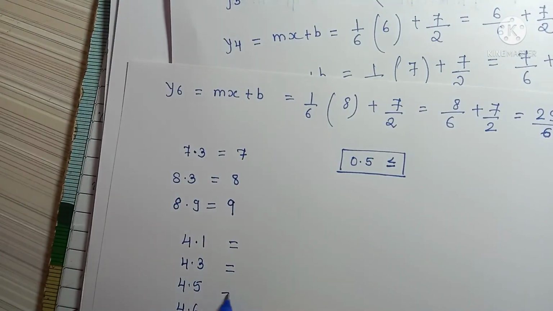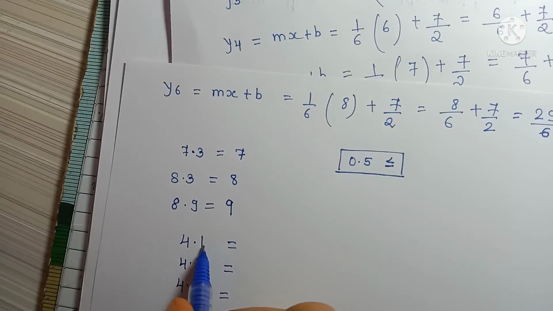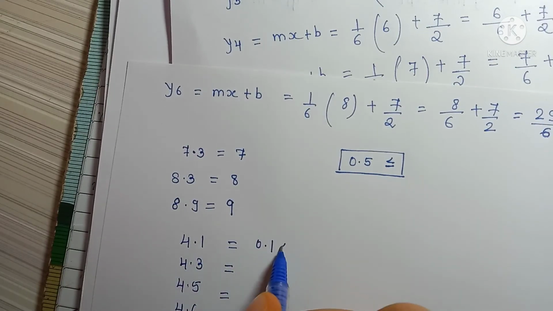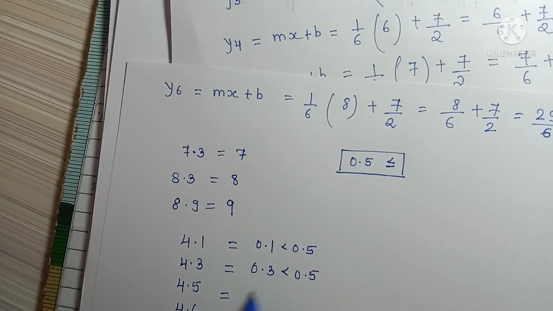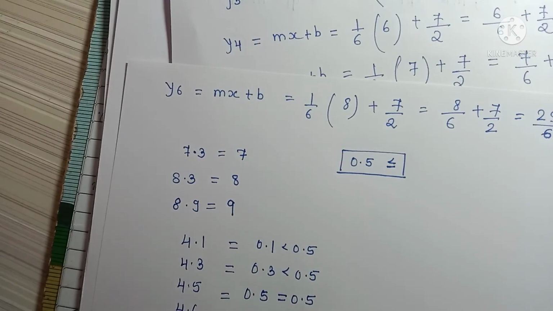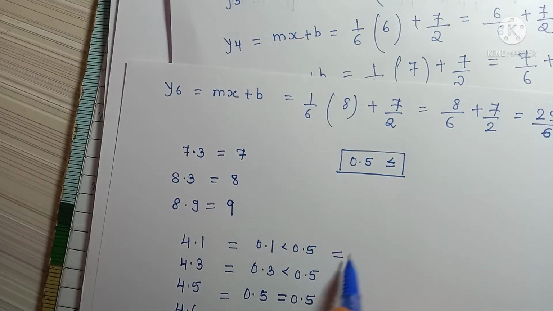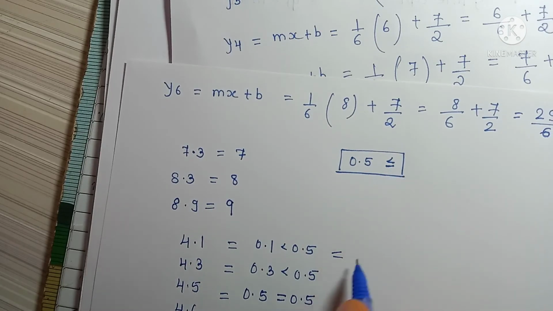Okay, now let's round it off. 0.1 is less than 0.5, 0.3 is also less than 0.5, 0.5 is equal to 0.5, 0.6 is greater than 0.5, and 0.8 is greater than 0.5. If the value is less or equal, then the value remains the same. This is less, so 4.